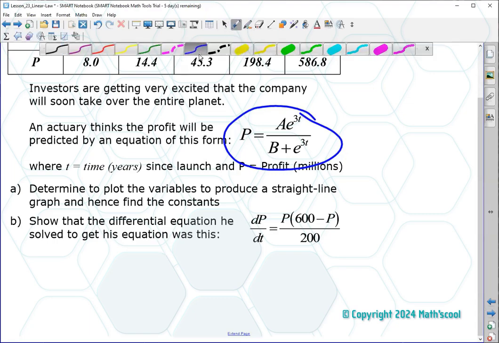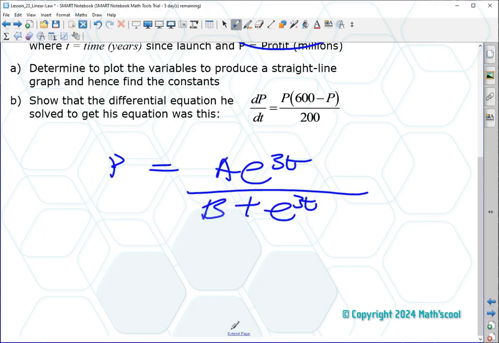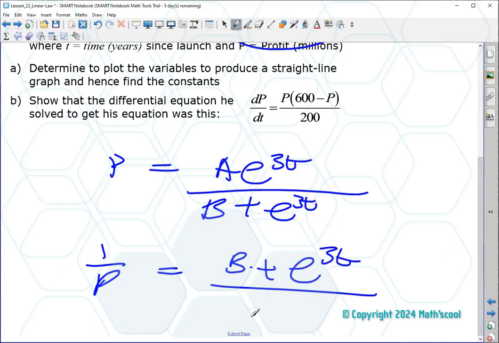Okay. So we've got P equals A e to the 3t over B plus e to the 3t. Now, I love splitting the numerator, but I know I can't split the numerator here. But if I reciprocate it, I could. 1 over P equals B plus e to the 3t over A e to the 3t.